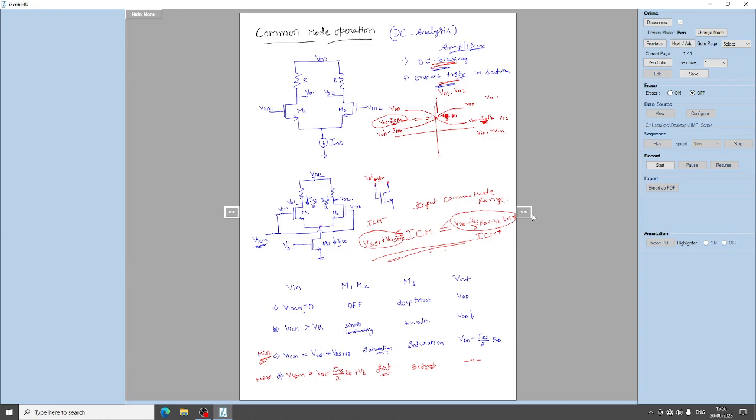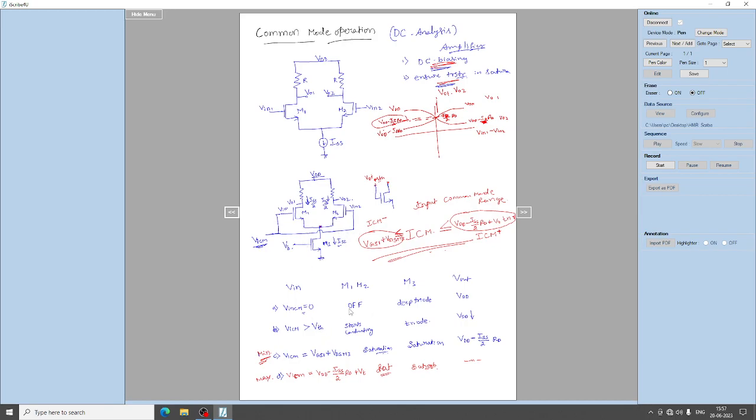Here we analyzed the common mode operation, that is the DC analysis, which ensures the DC biasing of the amplifier so that the transistors are in the saturation region. We have to ensure all the transistors M1, M2 and M3 are in saturation, and M3 is nothing but the current source. We design this current source using transistor M3 with an external bias VB, right. Then we start increasing the input common mode voltage, which is common to both terminals.